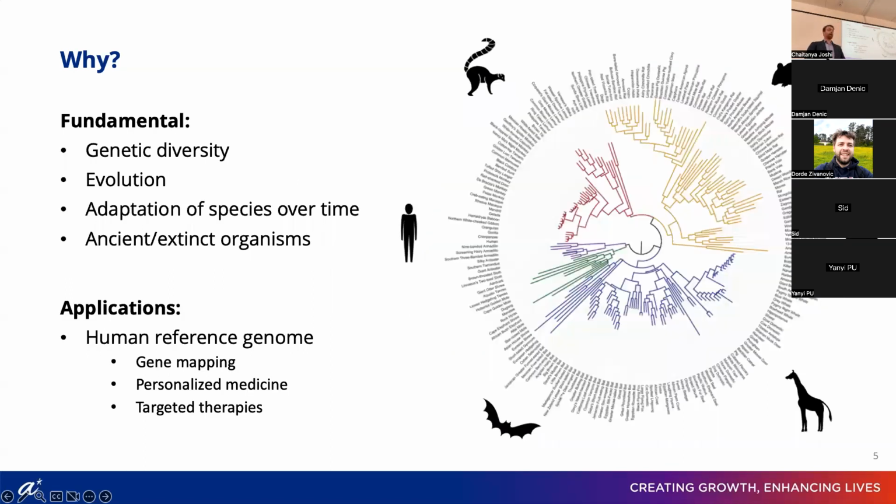Now that we have stated the problem, a good question also is to ask why we are doing it. There are several fundamental aspects, things interesting from the standpoint of fundamental biology, like exploring genetic diversity and evolution, how different species evolved over time, or how different conditions in the environment influenced their characteristics and their genomes. And from an application standpoint, we are mainly interested in the human genome.